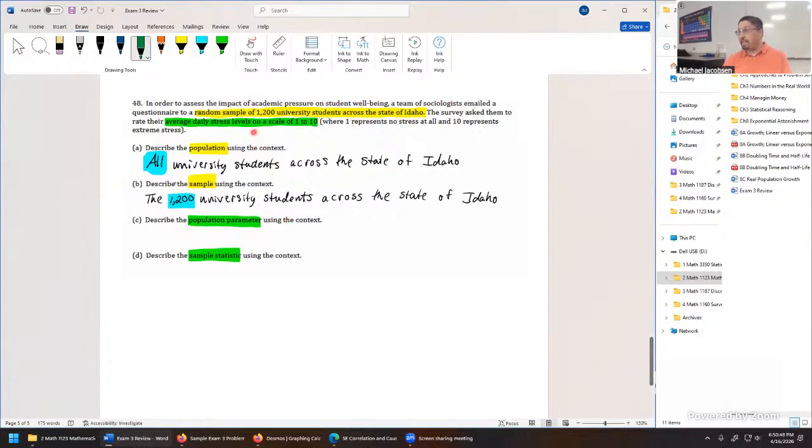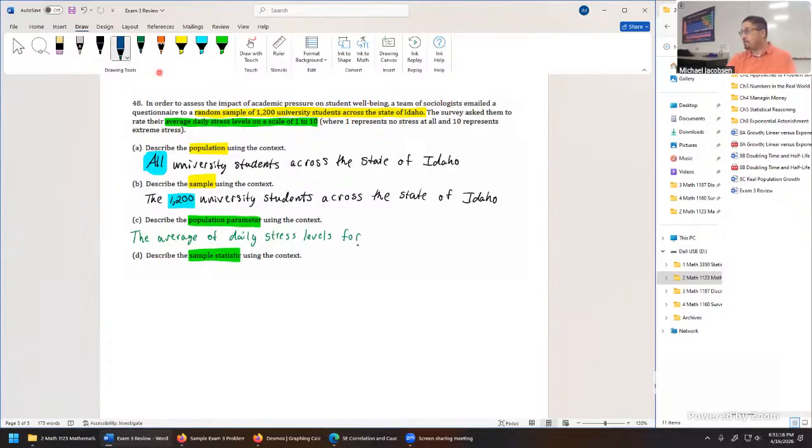So for the parameter, I would say this is going to be the average of these daily stress levels for, it says using the context.